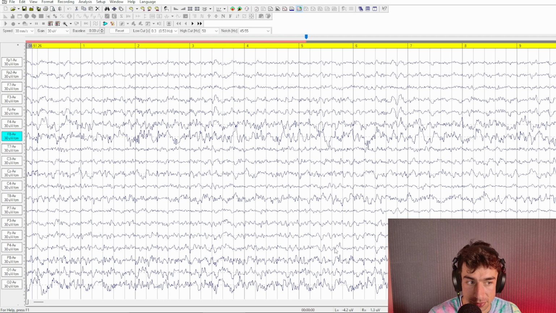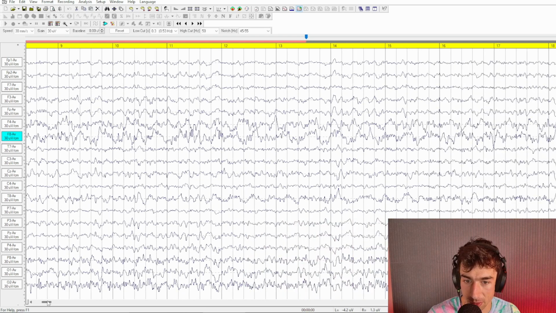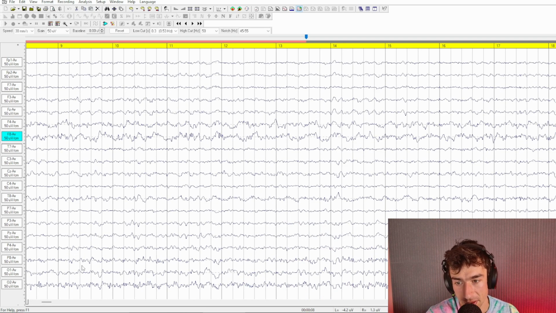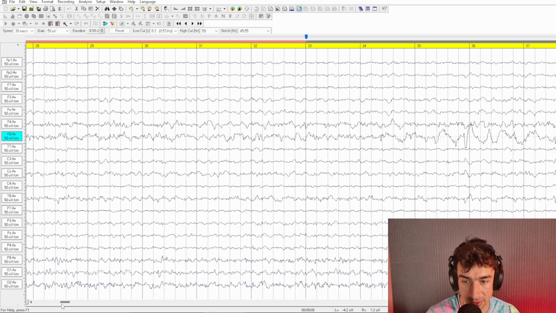So it's going to make the scaling and the visual appearance of this a little bit wonky. But I'm not convinced that what's happening at F8 is not totally EEG activity. Now, it could be completely EMG activity, right?